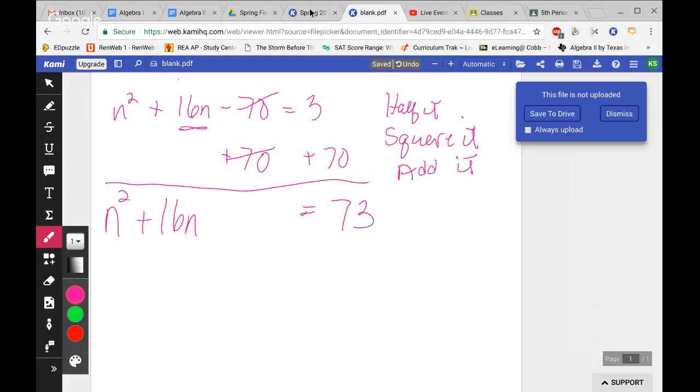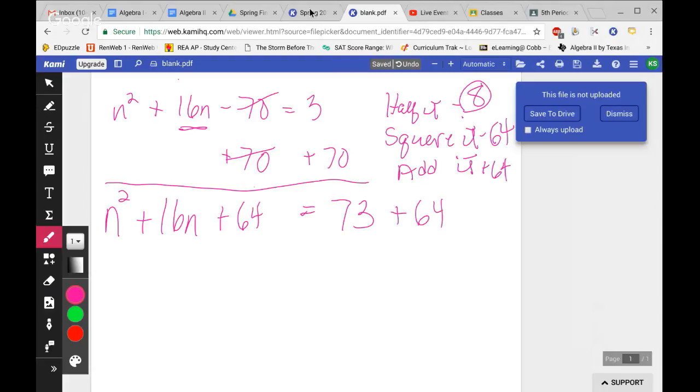When we're halving it, squaring it, and adding it, we're dealing with this b term here. So what is half of 16? 8. So half is 8. And now let's square 8. 64. And now we're going to add that 64, and we're going to stick that right here. But whatever we do to one side of the equation, you have to do to the other. So we're going to add that to both sides of the equation.